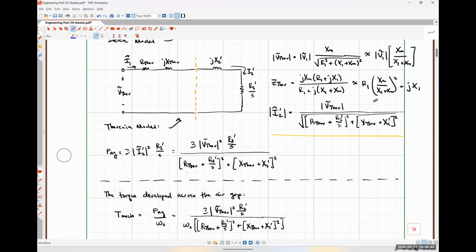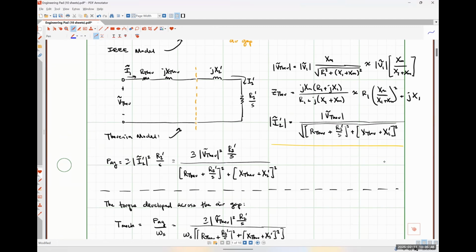The other things we need are RThev and XThev. Looking at this expression for ZThev above, which part is RThev? The real part of our Thevenin impedance is the Thevenin resistance, and the imaginary part is the Thevenin reactance.